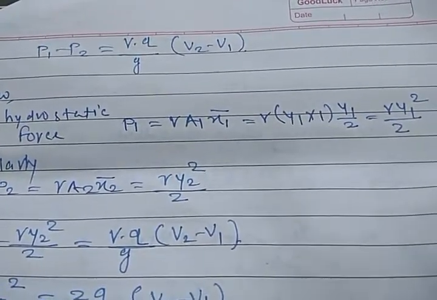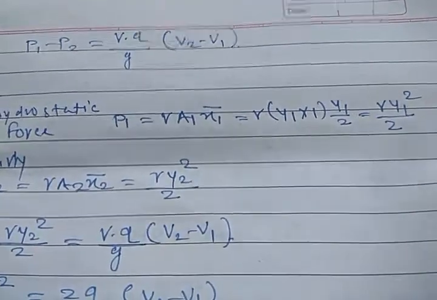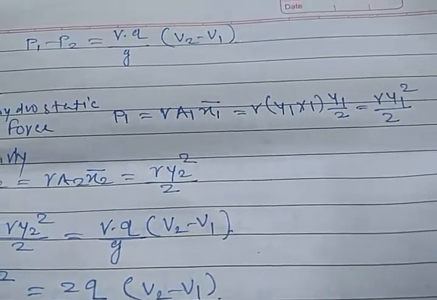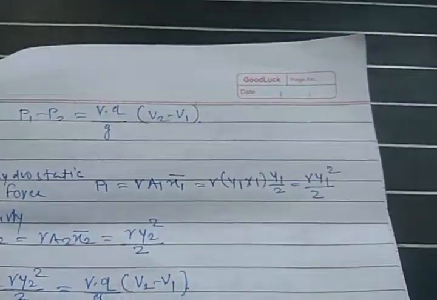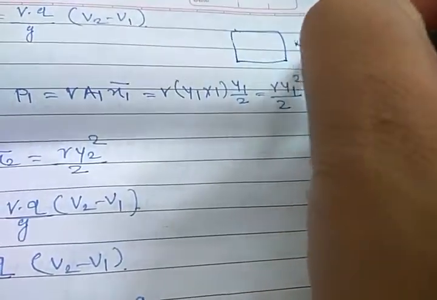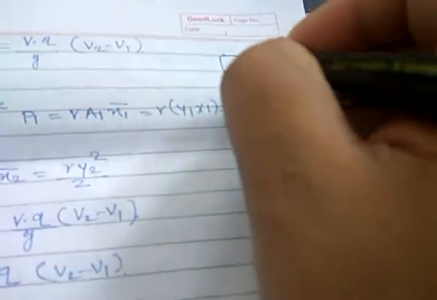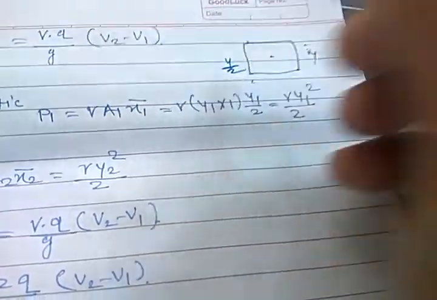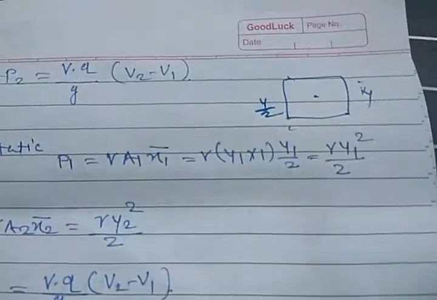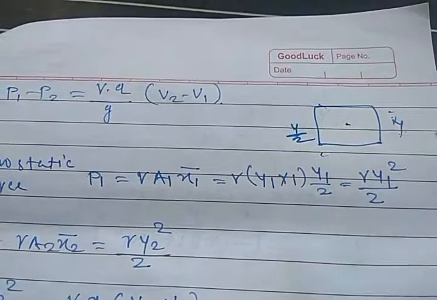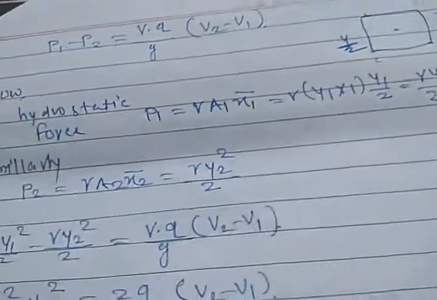It's a rectangular flow, and for a rectangular section we know the CG is at half of the height. Shall I draw a small diagram here? Suppose this is a rectangle having height y, so CG is here at y by 2. If this is y1, then this will be y1 by 2, the height of the CG.